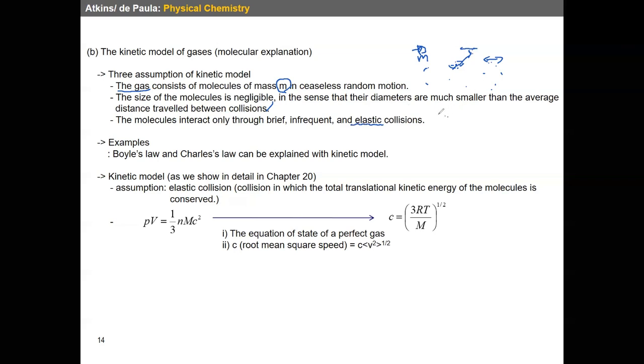All the kinetic energy is used for the molecules' movement. This is the important assumption to understand this kinetic model of gases.